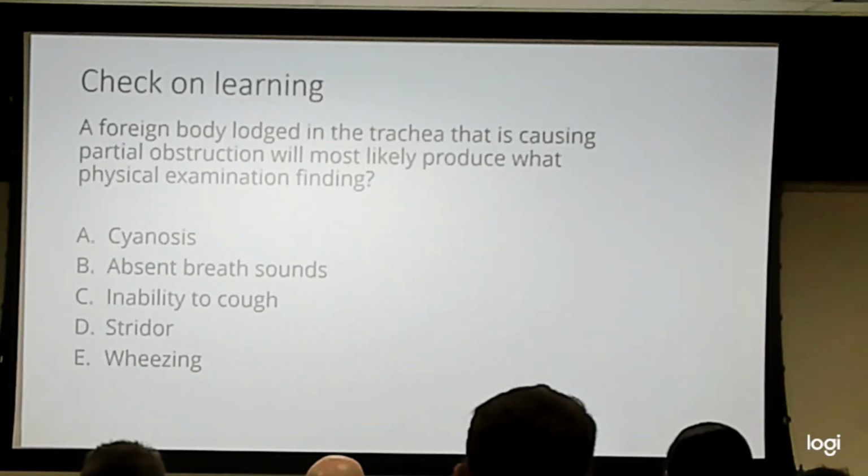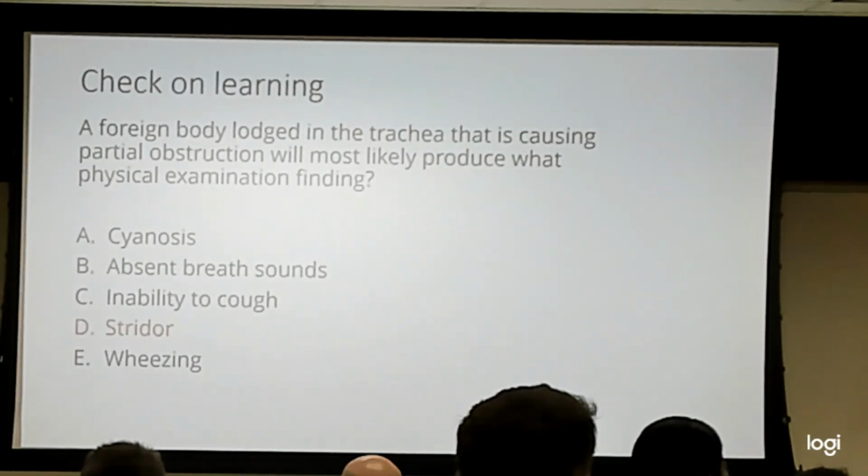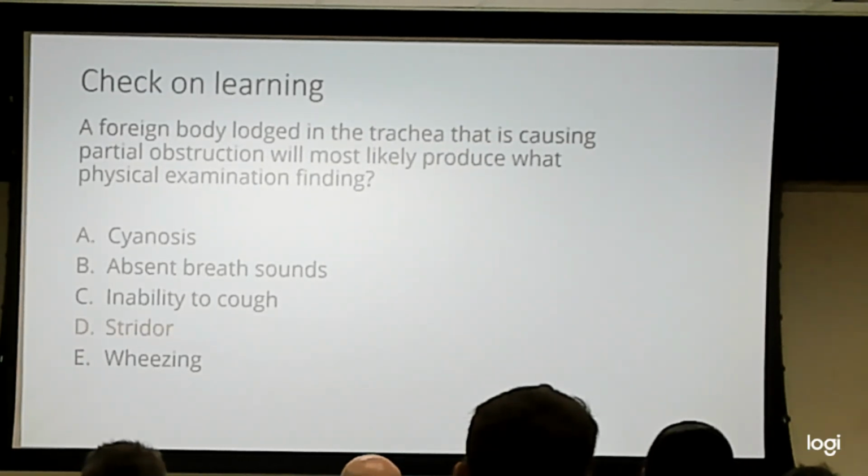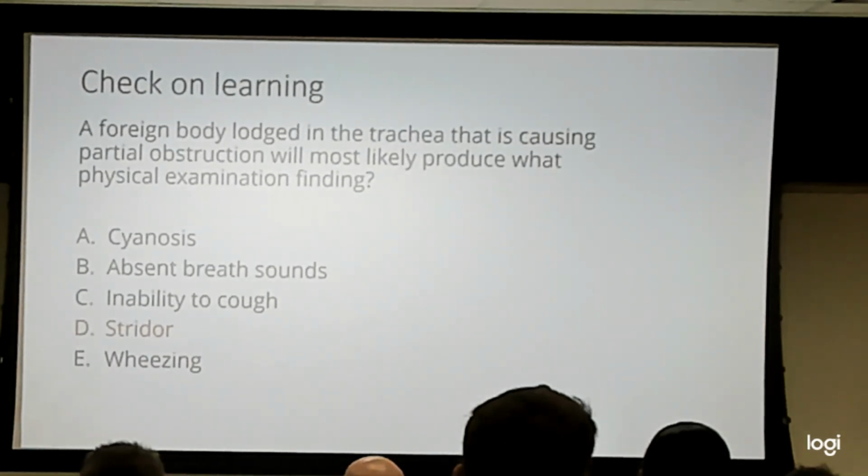That's like an instrument, it makes a sound. So which one's this one? Stridor. So the other ones, wheezing, we're thinking lower down. Inability to cough, they're going to be coughing like crazy. Absent breath sounds, it's partially lodged, so you're still going to be moving air. And then cyanosis, that's usually when there's a complete obstruction.